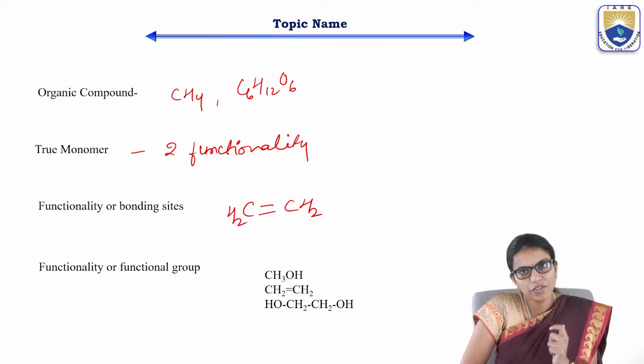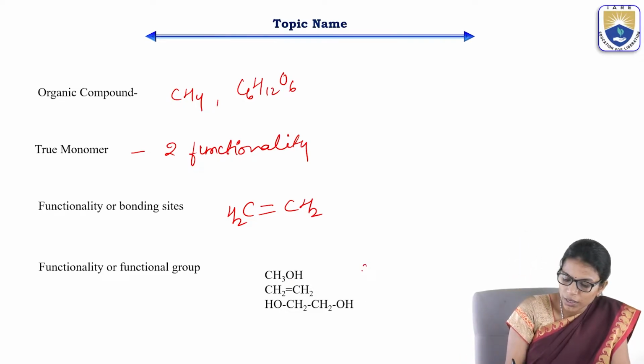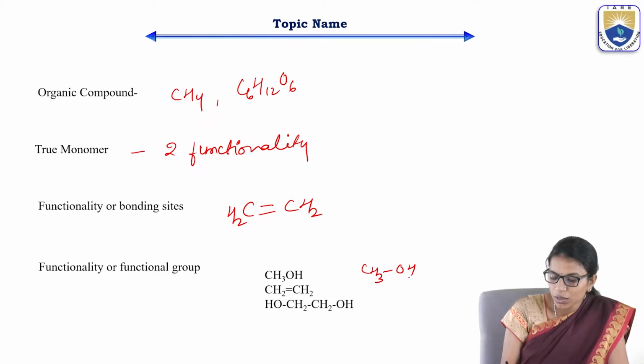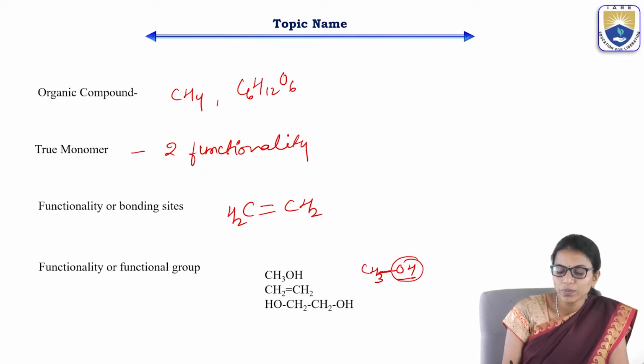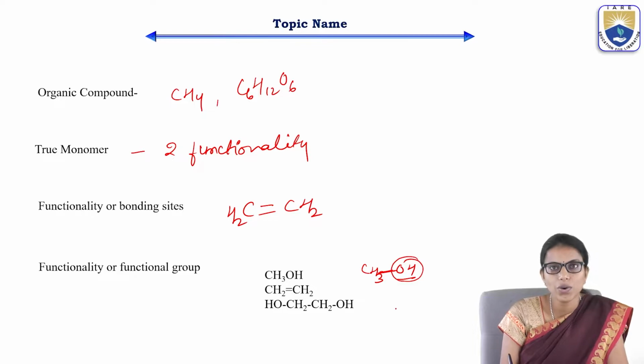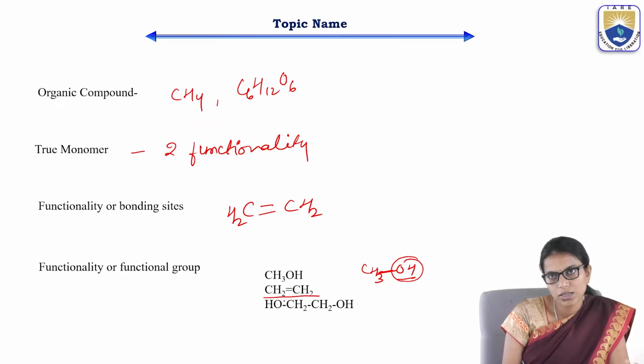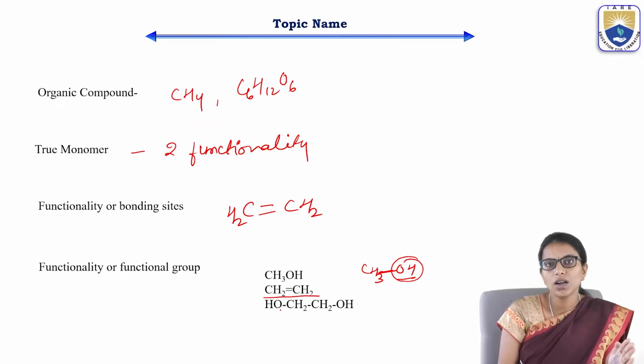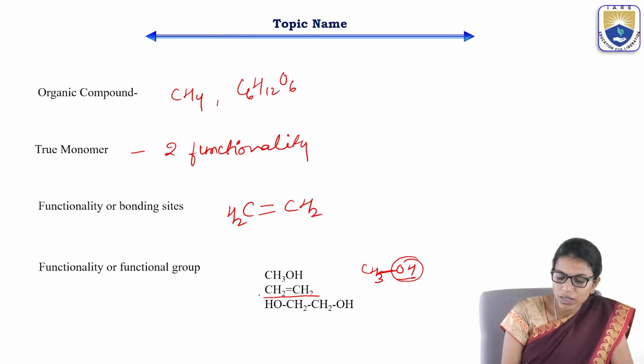There is a difference between functionality and functional group. Functional group, for example in CH3OH, methanol, the OH group is one functional group, and functionality means the one single bond where we can replace OH with some other molecule. So in CH3OH there is only one functional group and one functionality. In ethylene, the double bond itself is the functional group, and there are two bonding sites, so there are two functionalities.